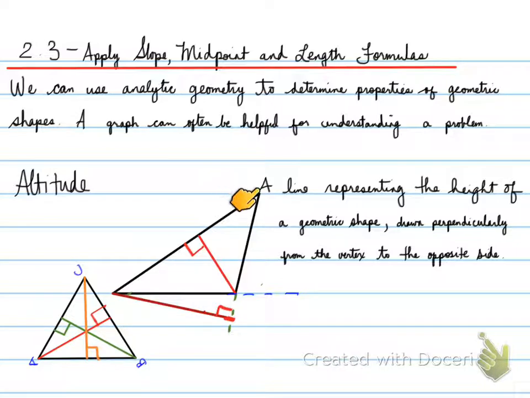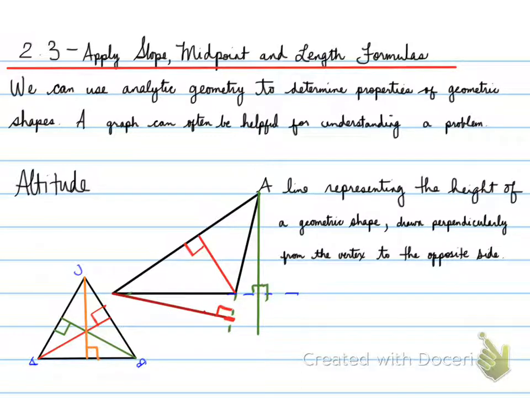Let's use green to draw our altitude, directly vertical to the horizontal base. There we go. This is vertical to the base, and the base is on our horizontal level, so we made a perpendicular altitude.